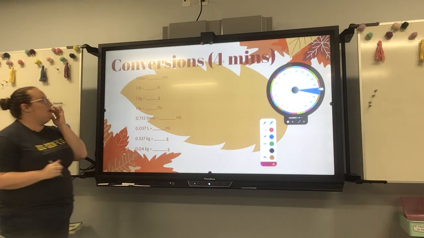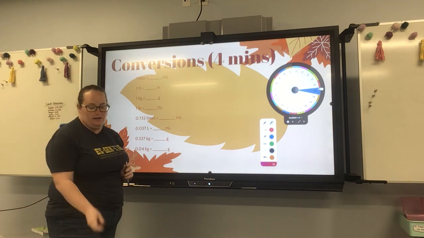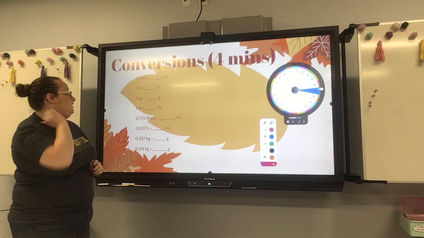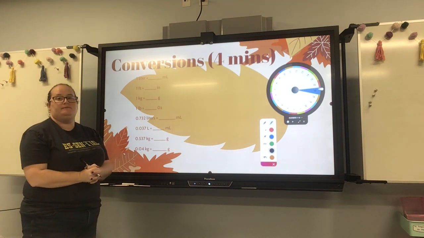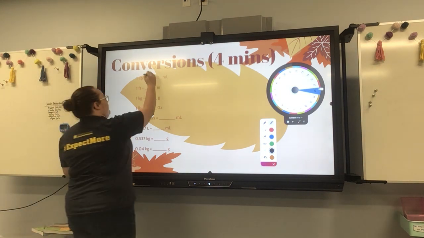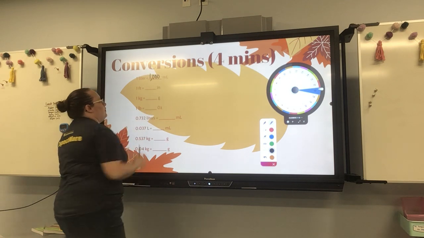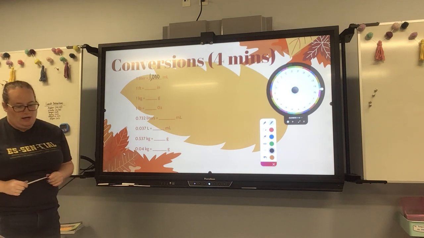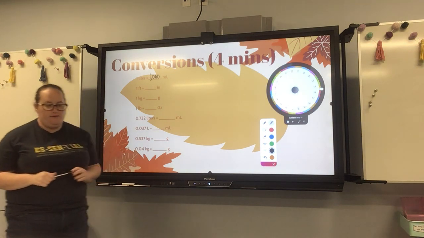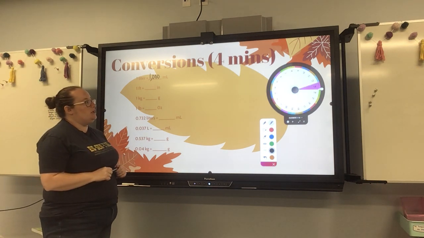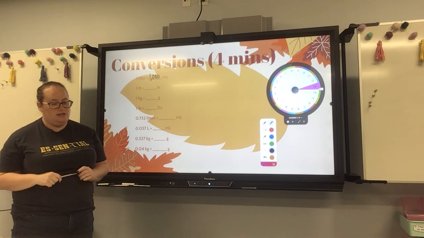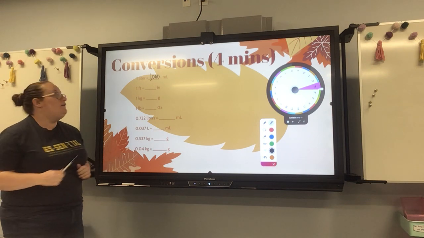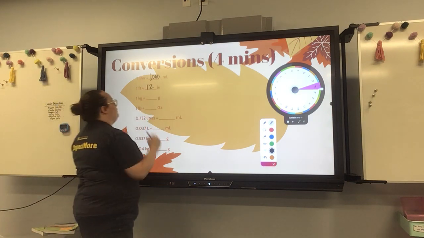How many milliliters is in 1 liter? 1,000. Very good. Okay, how many inches is in a foot? Number 13. Very good. It would be 12.